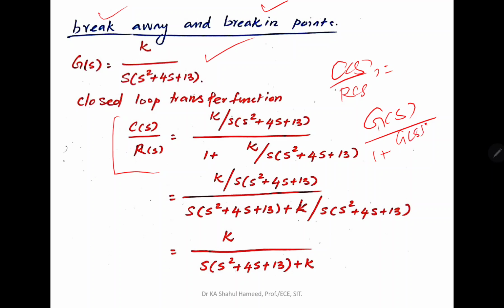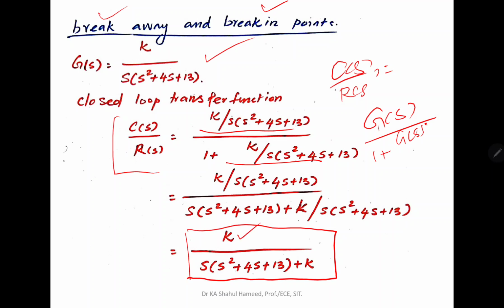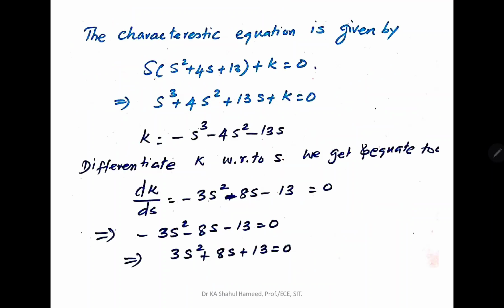So you have to substitute G of s in this formula, cross multiplication, and finally we get the closed loop transfer function as k divided by s into s square plus 4s plus 13. So here simply substituting the value of G of s, and then cross multiplying and cancelling, you get k divided by this one. So this is closed loop transfer function.